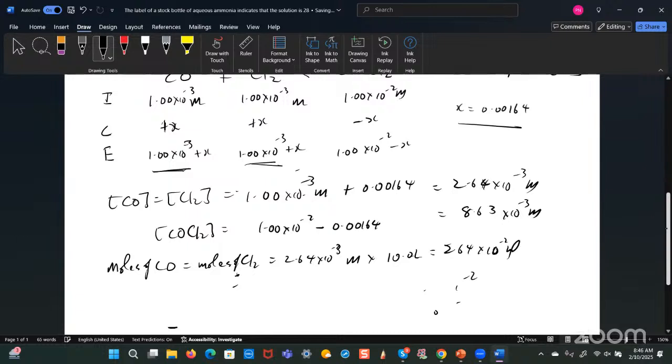And then for the moles of COCl2, we take its molarity, which is 8.63. Oh, yes, ma'am. The molarity for the COCl2 should be 8.36 times 10 to the negative 3.